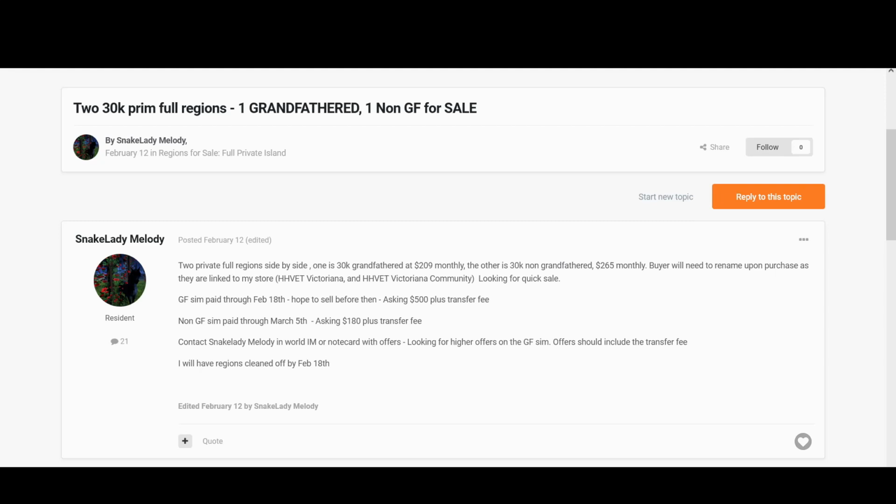However, the ask price, as you can see, is rather high. This person is asking for $500, which isn't unreasonable, because considering the fact that you will "save" $50 a month on your monthly mortgage to Linden Lab, you will get that back pretty quickly.